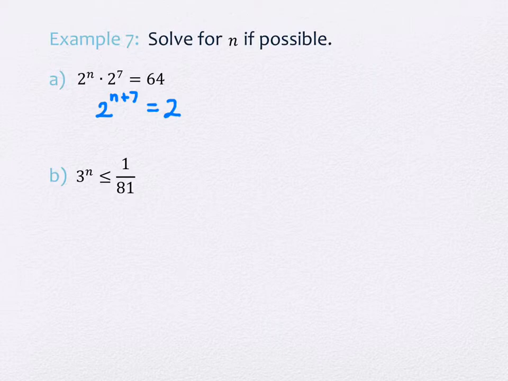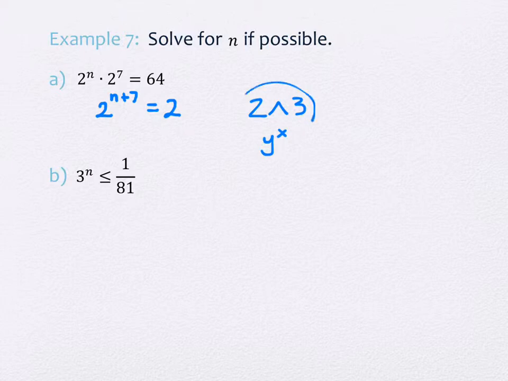Your button may look like a caret button, like on a computer screen, so you can put in 2 to the 3rd, like this. Or sometimes it looks like a y to the x button that you have to push to get an exponent. Depends on your calculator. But I want you to play with 2 to a power and see if you can figure out what that power should be to make the number 64. What did we get?